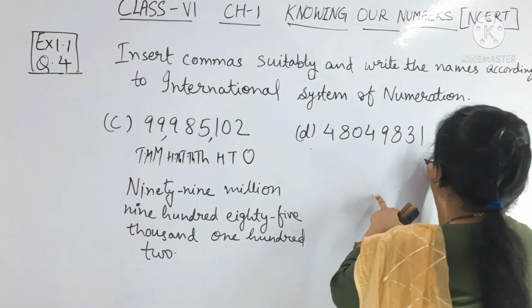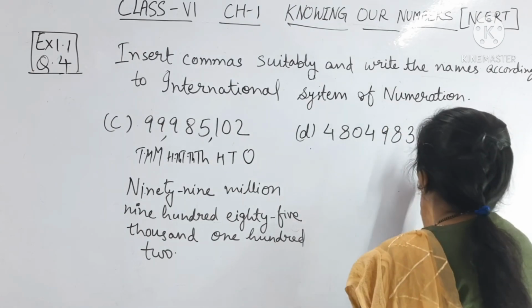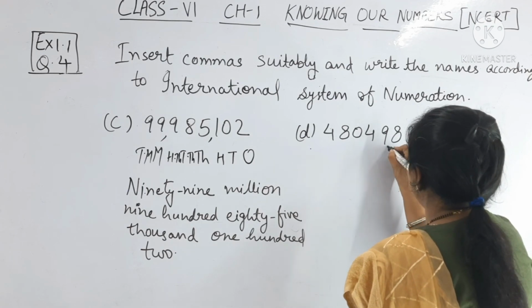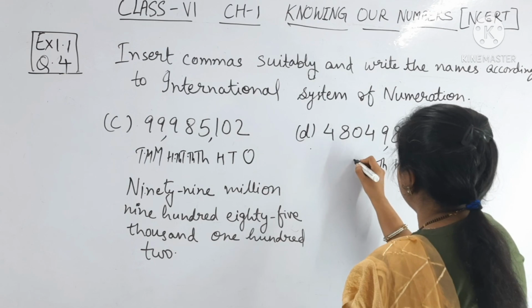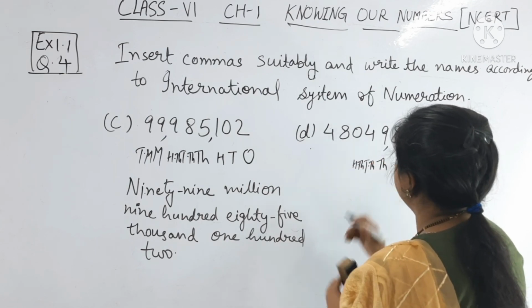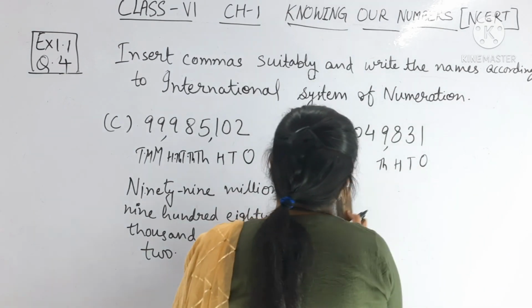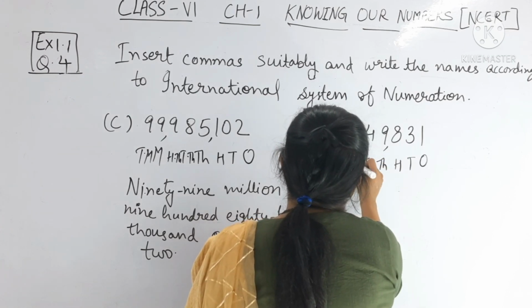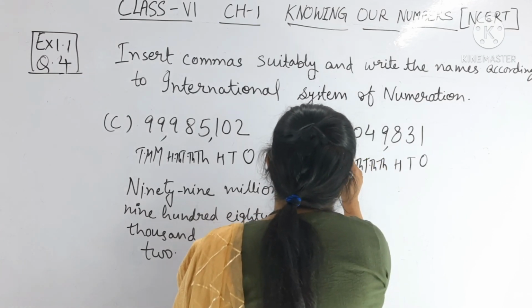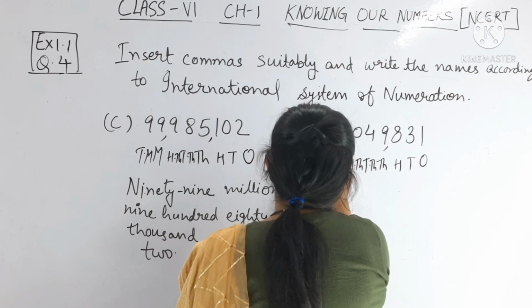Again like this only, you have to write ones, tens, hundreds, then comma, 1000, 10,000, 100,000, then comma, then million, then 10 million.